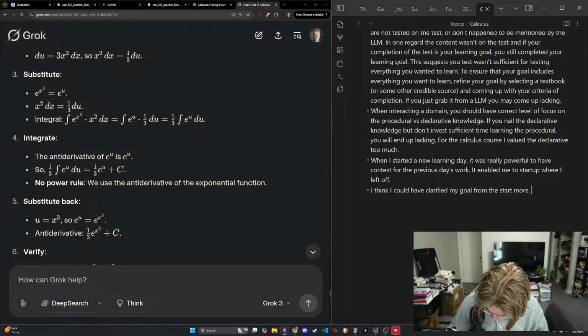Power rule. Okay, I'm not seeing that in the index. That's super odd. I'm really surprised by that.